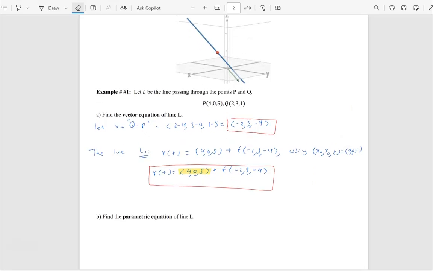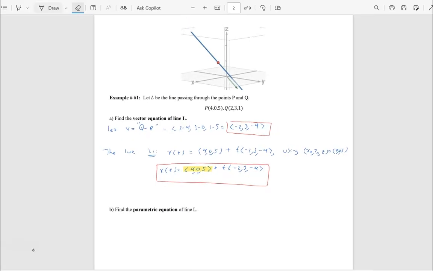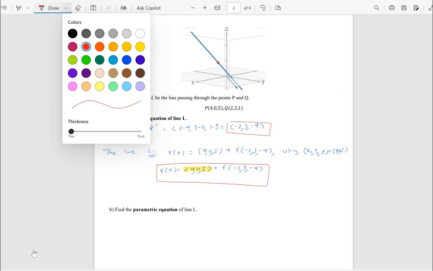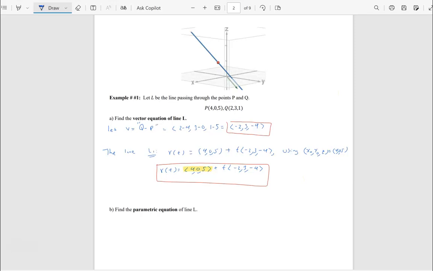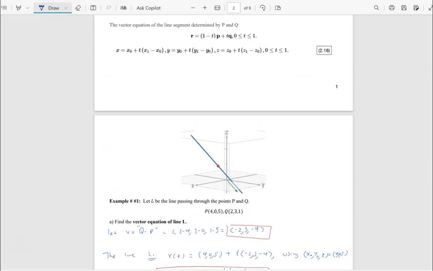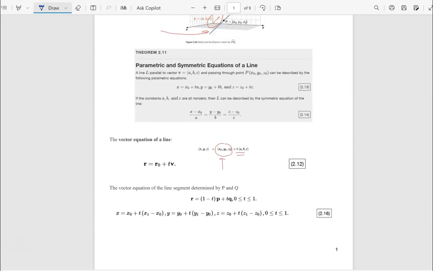Okay, so let me double check. That's actually it for part A. Another way to rewrite the same formula is in parametric form. In parametric form, you're pretty much expanding the line, and in this case they want you to express it in this format.